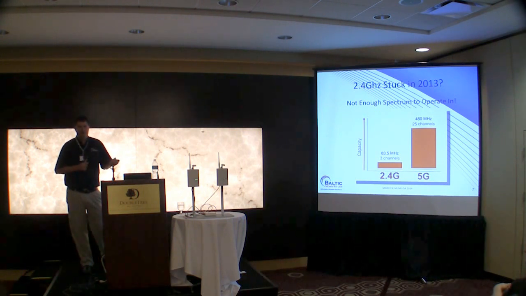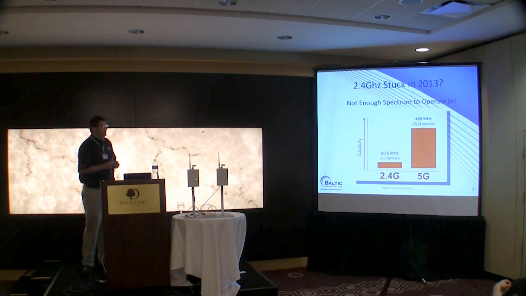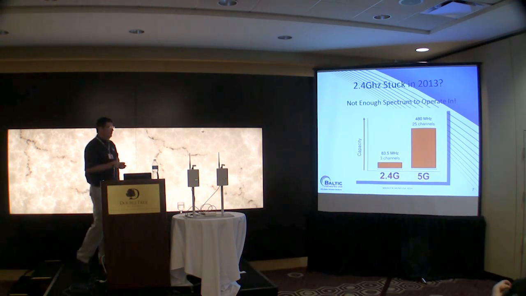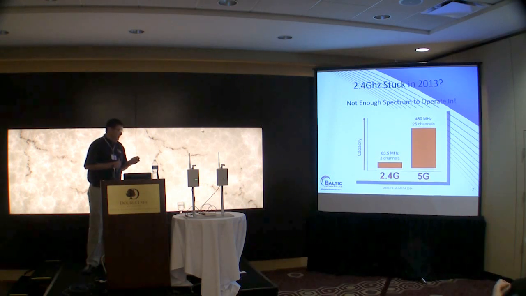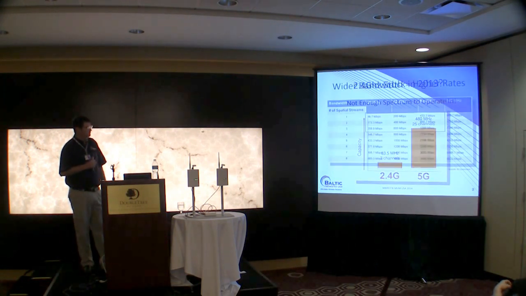I would say keep 2.4 where 2.4 is today, and we may see the last of the technologies in 2.4, at least for the time being. So, as you can see, we have the 3 non-overlapping channels. We only have 83 megahertz of bandwidth, not enough. So we move into the 5 gigahertz.